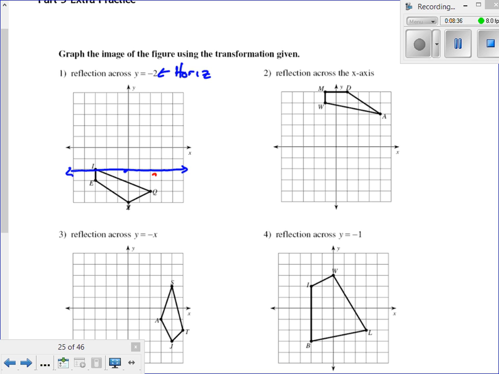Q is 2 below the line, which means Q prime is 2 above. I'm going to call that x. X is 1, 2, 3 below, which means x prime is 3 above. I is on the line, so there's I prime. And E is 1 below the line, so we'll go 1 above for E, and then connect the points.